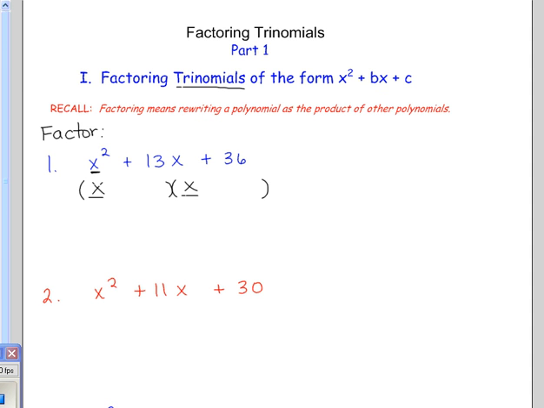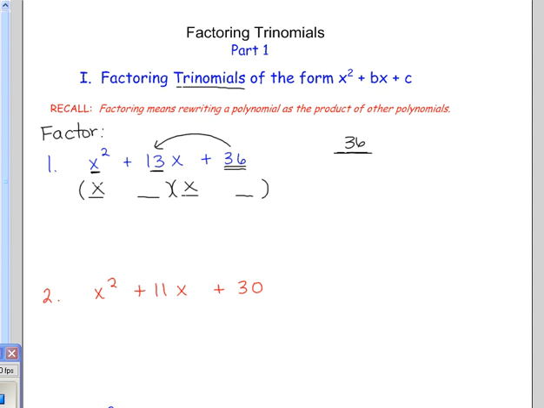Then I have to look at what terms will go here. Okay, this is really the factoring part of this whole section. If I look at the last number, positive 36, I want to find the factors of 36 that will also combine to give me the middle term.